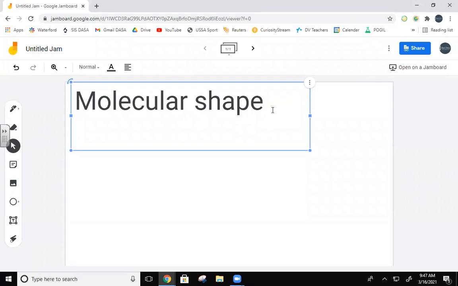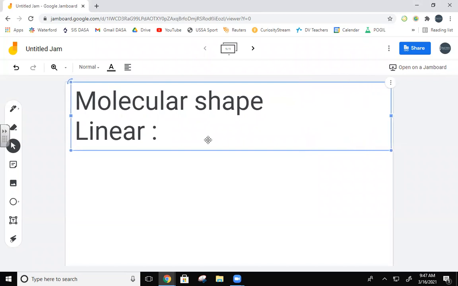Okay? And we'll learn about the shapes, and then we'll go back and connect how the shapes connect to the orbitals. All right? So the molecular shape, there are multiple different kinds. We're going to start off with the simplest kind, which is linear. Okay?